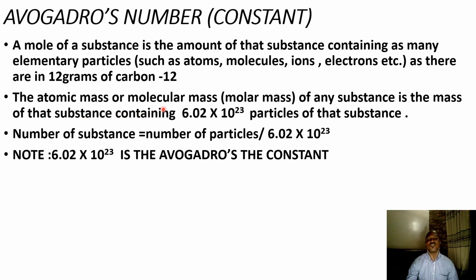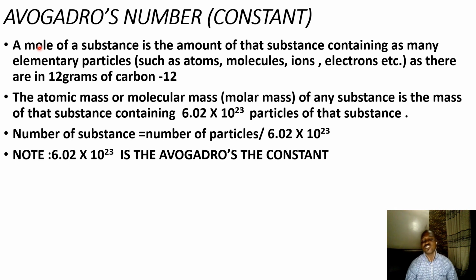The atomic mass, molar mass or molecular mass of any substance is the mass of that substance containing 6.02 times 10 raised to the power 23 particles of that substance. Remember, 6.02 times 10 raised to the power 23 is called Avogadro's number or Avogadro's constant. In other words, we'll say a mole of a substance is the amount of that substance that contains 6.02 times 10 raised to the power 23 elementary particles.